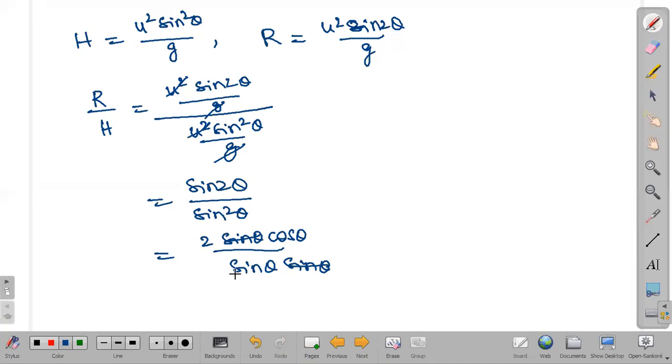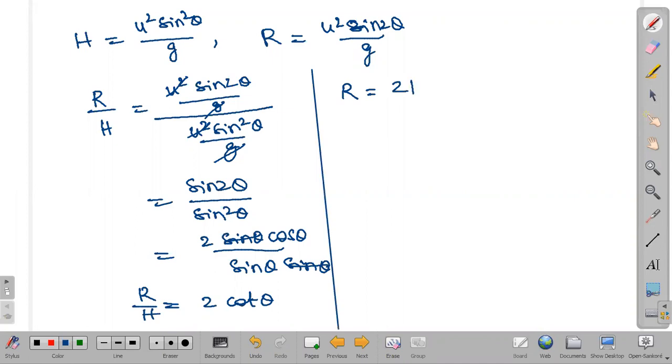Cos theta by sine theta is cot theta. So we got 2 cot theta. This is R by H. Now what if we write for R? Horizontal range can be expressed in terms of H: R is equal to 2H cot theta. This is our relation between horizontal range and maximum height.